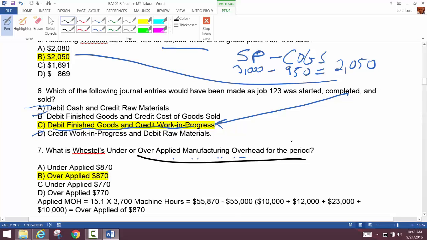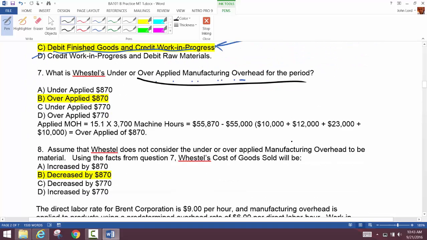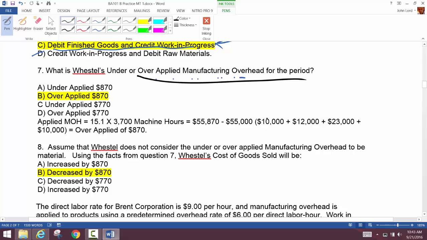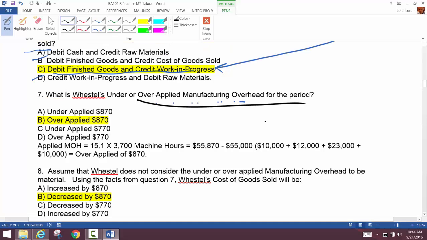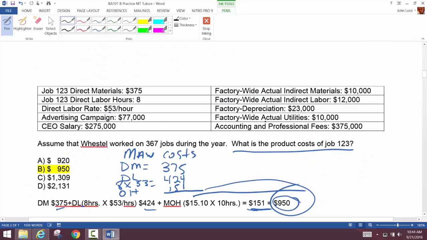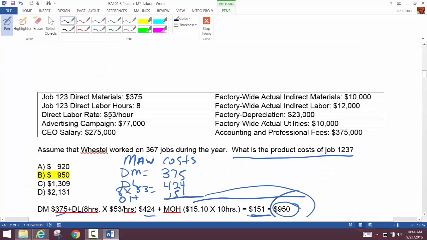Okay, so this is kind of an interesting problem. I'm going to make you figure out what the actual overhead is by looking at that table and figuring out which one of those are overhead costs. Right? Okay, so you look at this table, and we have factory-wide indirect materials of what? 10,000. Am I going to pick that number up? So I'm just going to do the math right here so you can see how I'm pulling it from the table. So 10,000 for the indirect.